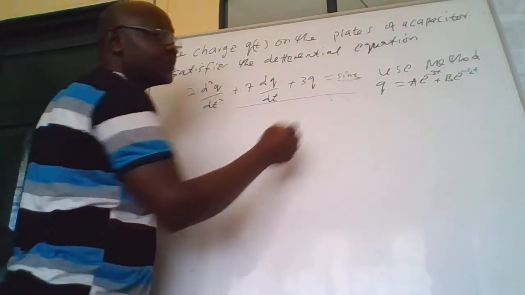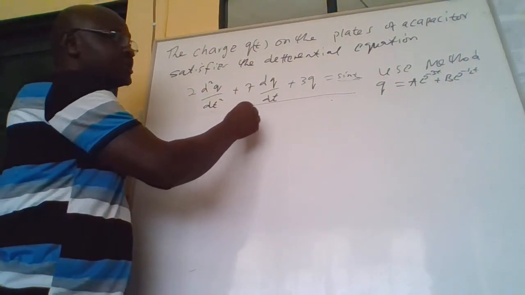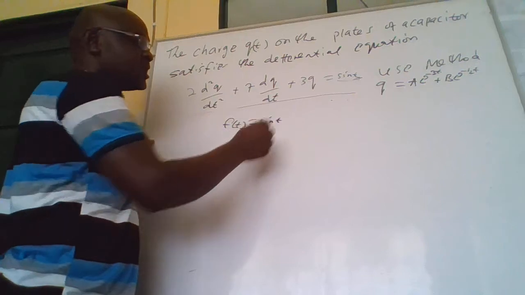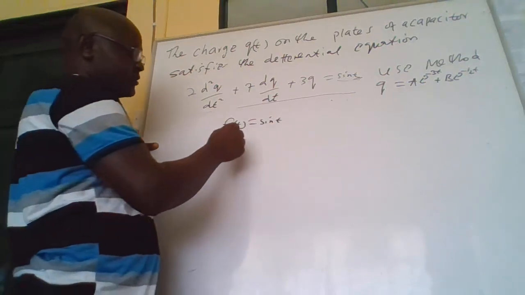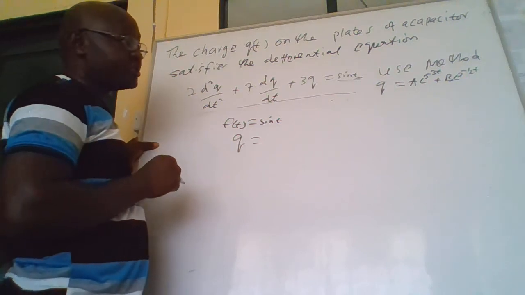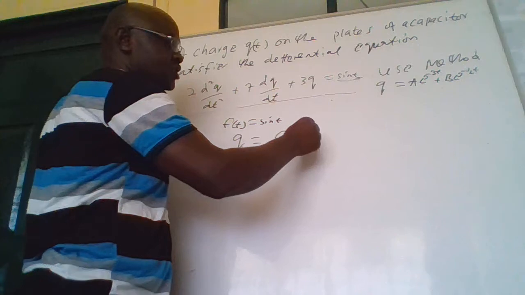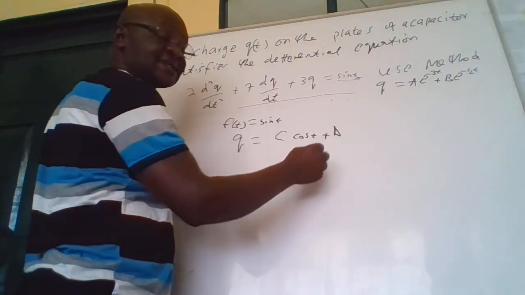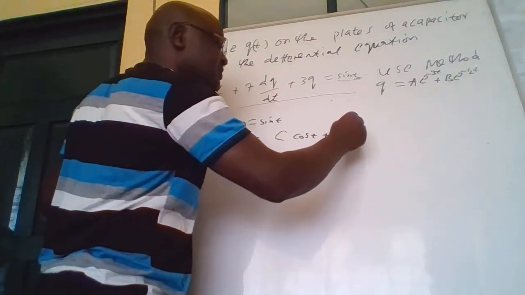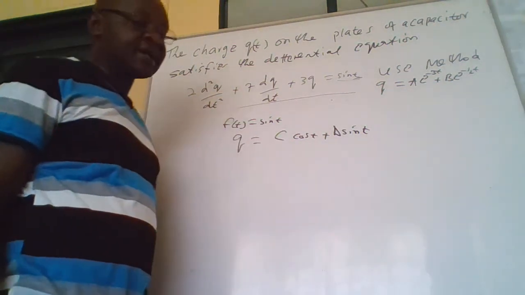Now, when we have f(t) equal to sin t, our assumed particular integral will be Q = C cos t + D sin t.